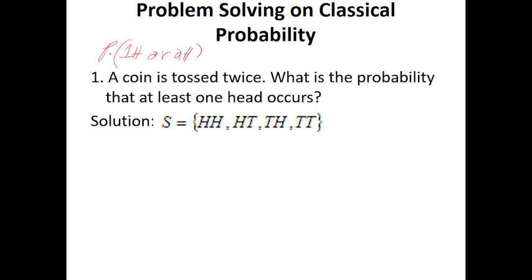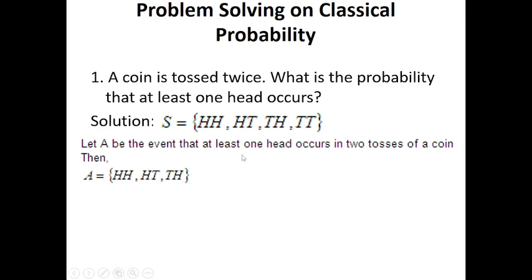So, in this case, let us define A as the event where at least one head occurs. So, let A be the event that at least one head occurs in two tosses of a coin. If you notice, event A includes the outcome with two heads, because it says at least one head occurs.